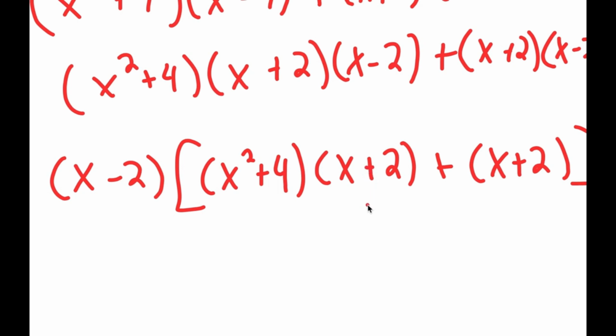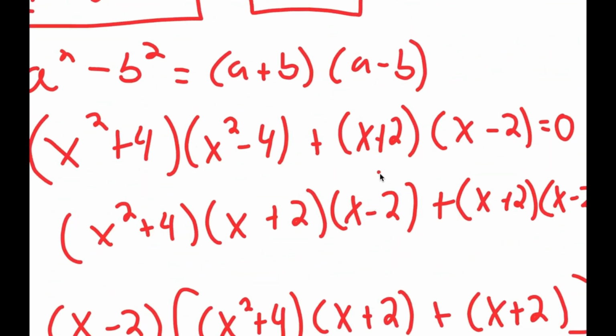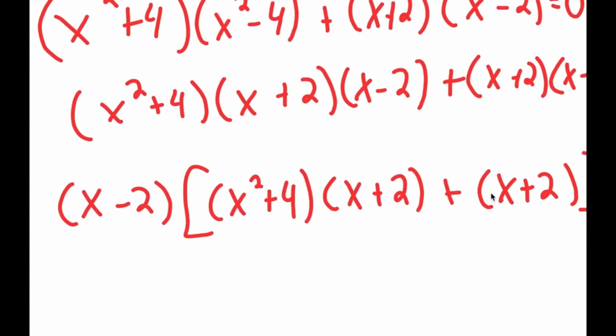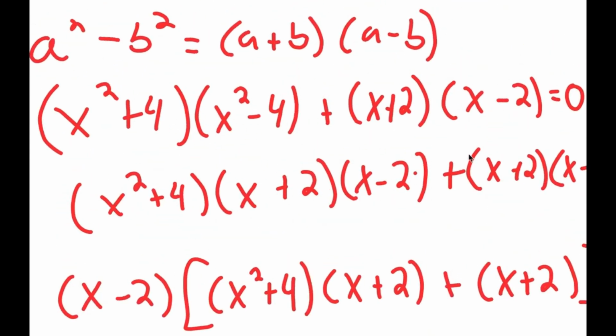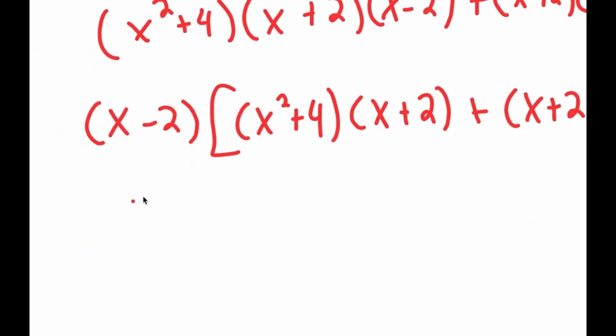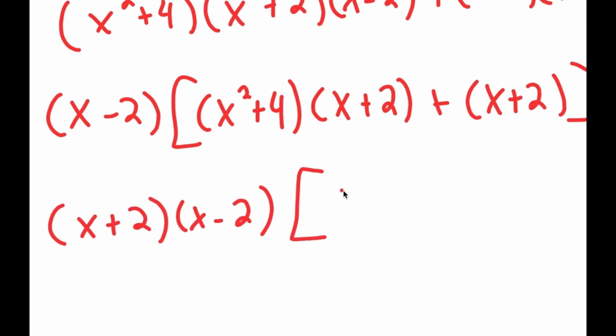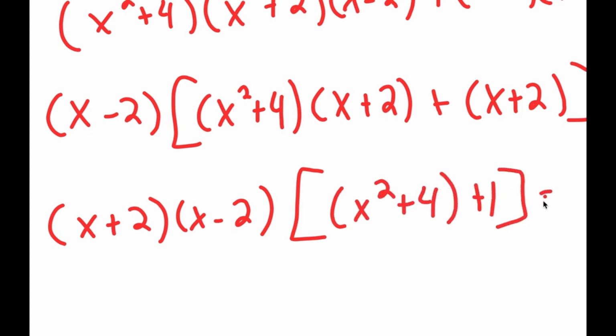Actually, at the start, what we could have done is just factored x squared minus 4 out, but now we're going to factor out x plus 2 as well. So I get x plus 2 times x minus 2 times x squared plus 4 plus 1 is equal to 0.